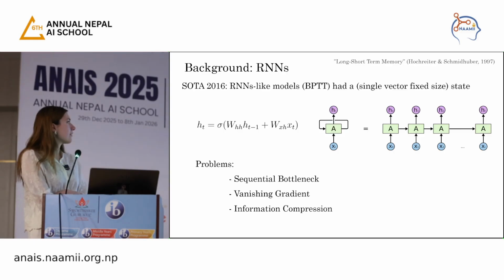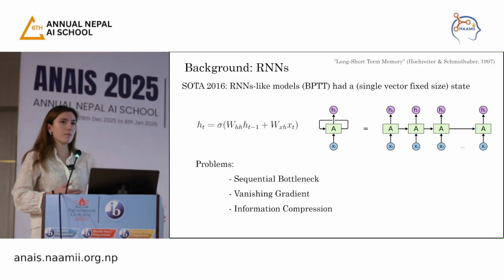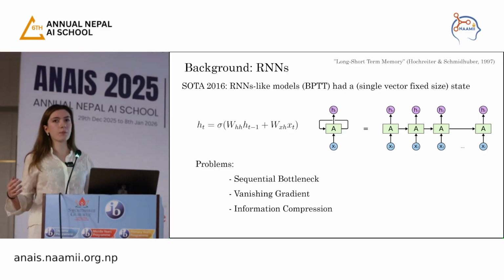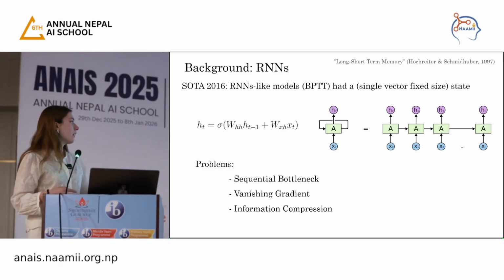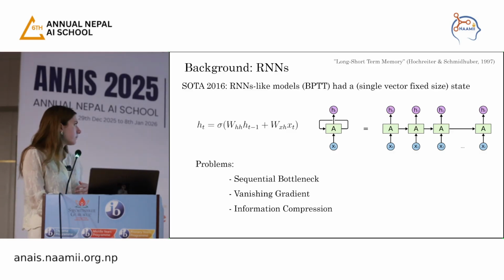The last problem is that the information, irrespective of the contribution in time, gets squashed into this final state, HT, so the information is all compressed. So we lose more information, more context, about the initial part of our input the later we are in the sequence that we want to encode or decode.